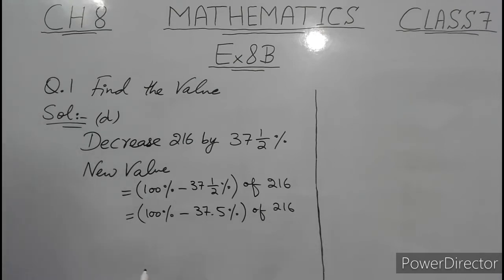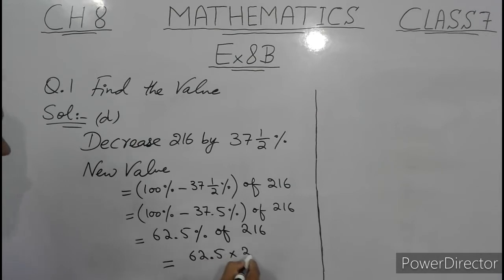Now by using calculator, it will become 62.5. It can be written as, to get the new value, 135.